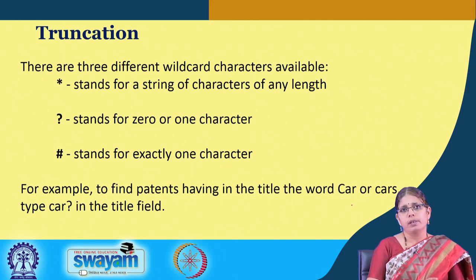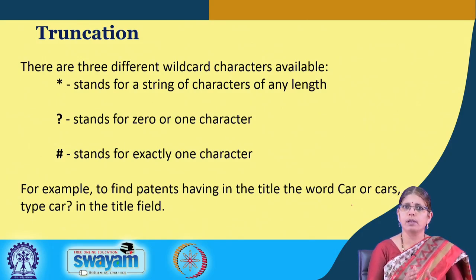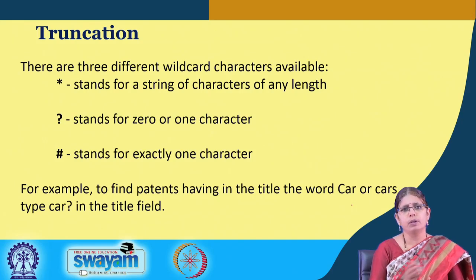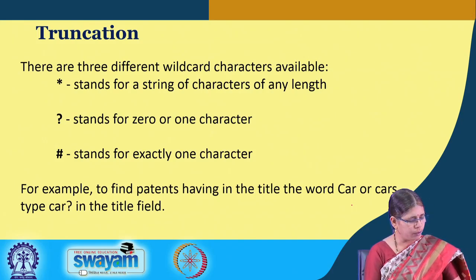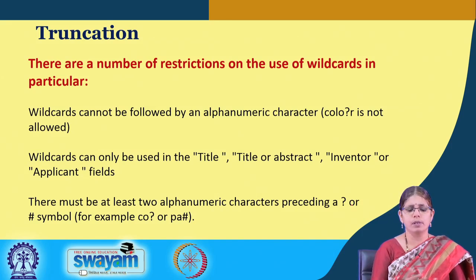Now there are 3 different wildcards that are available for use in the databases. One is the star, which represents a string of characters of any length. When you use the question mark, it represents 0 or 1 character, and when you use the hash symbol, it represents exactly 1 character. For example, you can use the word car and have the truncation built in accordingly in a specific field, for instance in a title.